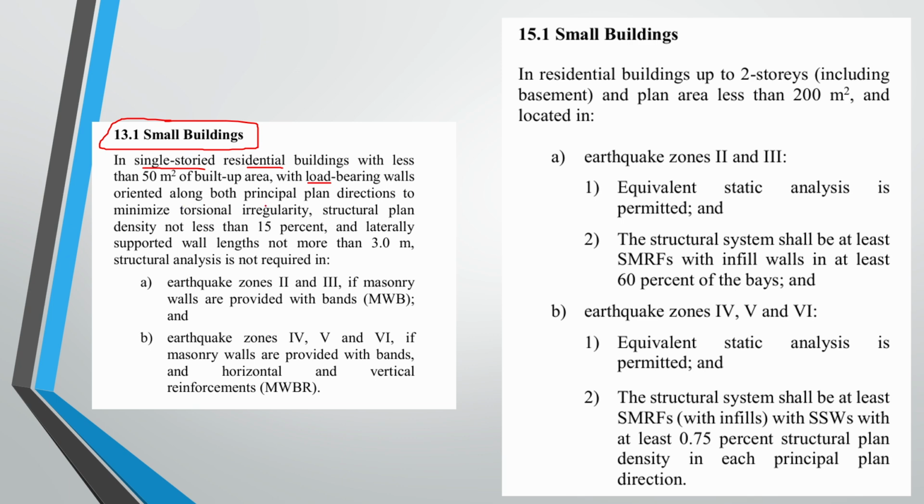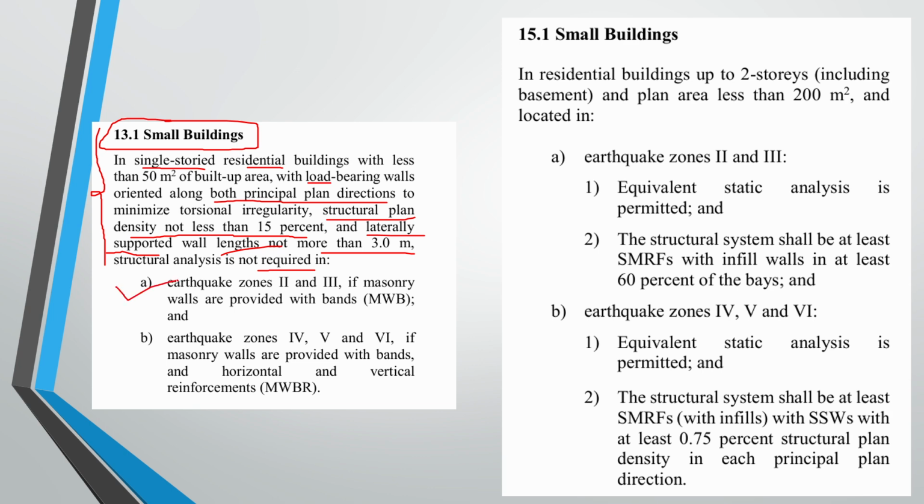Then the walls should be oriented along both the principal plan directions. Then the structural plan density should be not less than 15%, and laterally supported wall lengths are not more than 3 meter. So in this case, if your building is fulfilling all these requirements, then structural analysis is not required.